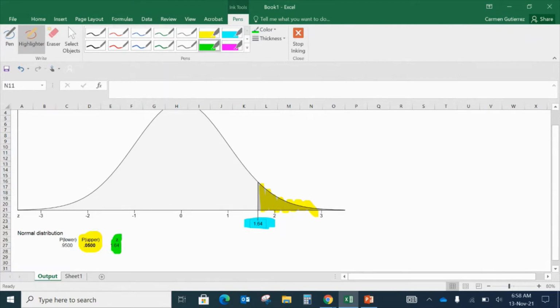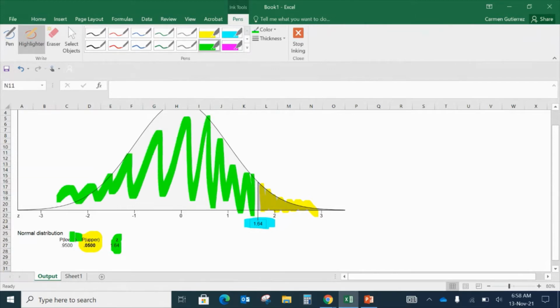Now, just to confirm, the lower area, this section here, is 0.95. So the area from here is 0.05, which is this one, and the area on the opposite side is 0.95.